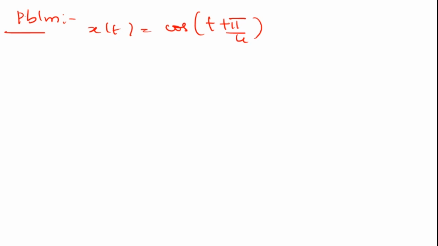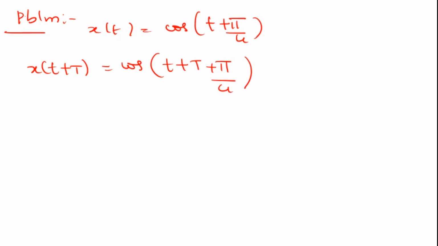Next problem, x of t is equal to cos of t plus pi by 4. Then x of t plus T is equal to cos of t plus T plus pi by 4, which is equal to cos of t plus pi by 4 when T is equal to 2 pi.